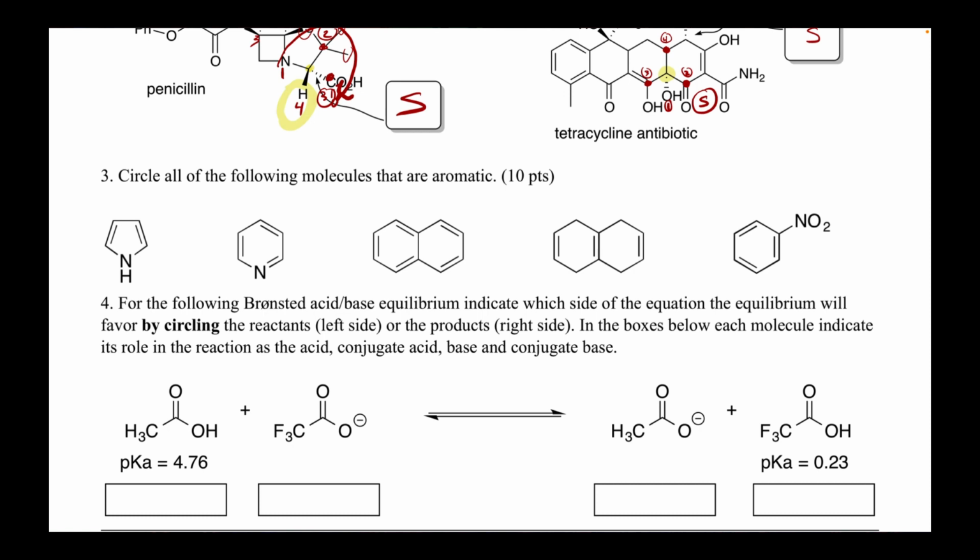It has to be a p orbital on every atom, so you need conjugated pi bonds. You need to have it in a ring, and then you have to have one more criterion: 4n plus 2 number of electrons.